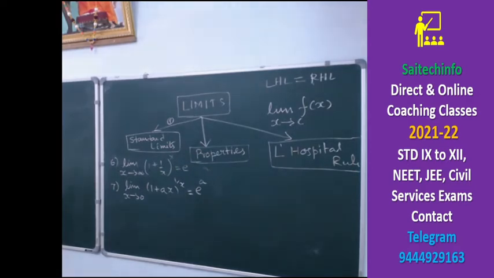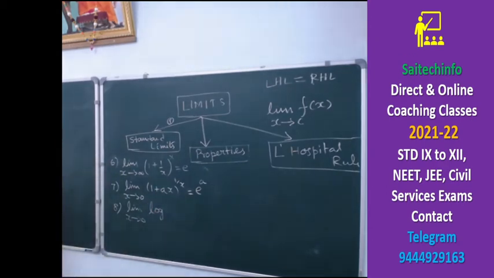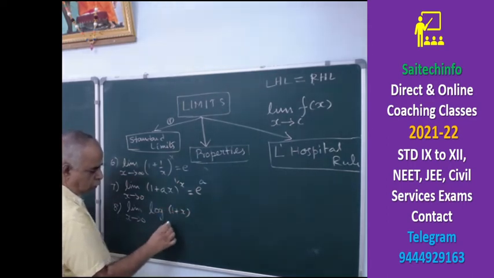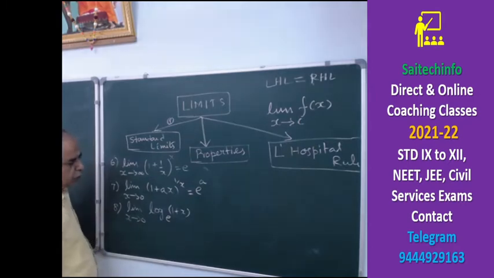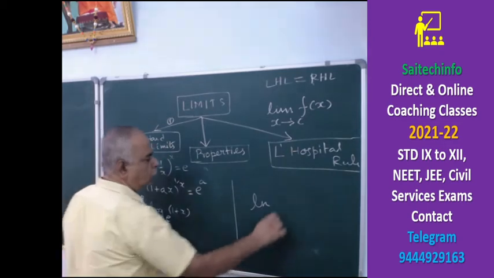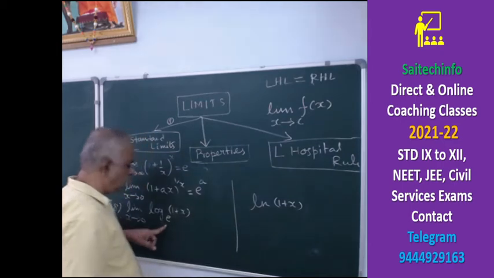Then limit x tends to 0 for the function log 1 plus x to the base e. So this can also be represented as natural log 1 plus x. So when you put ln, natural log, you need not put e.